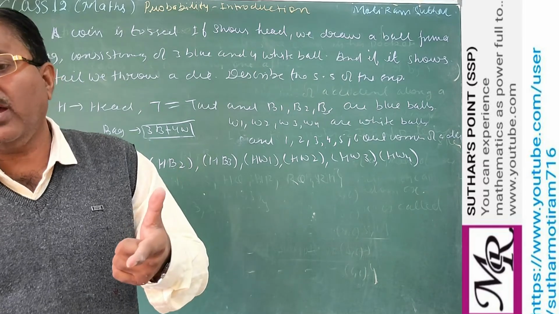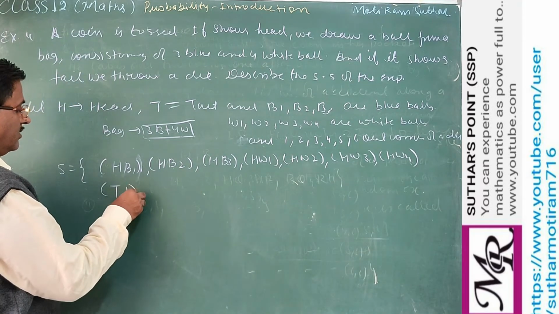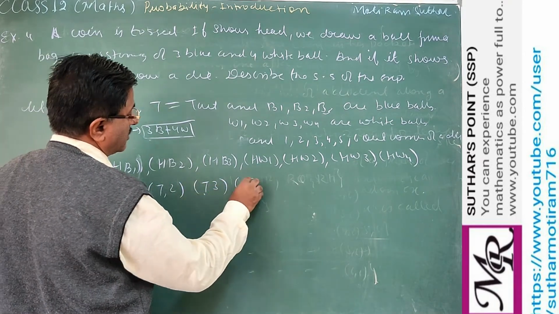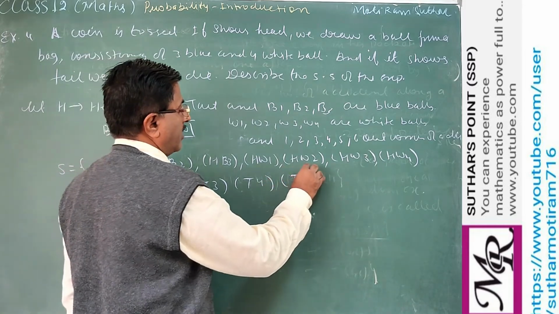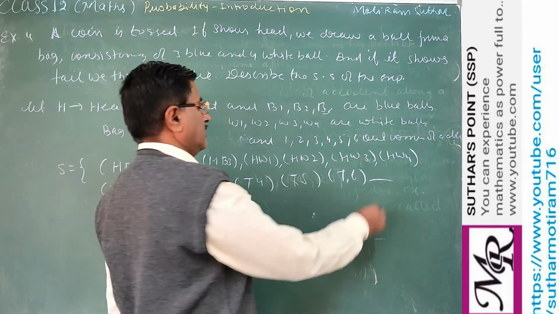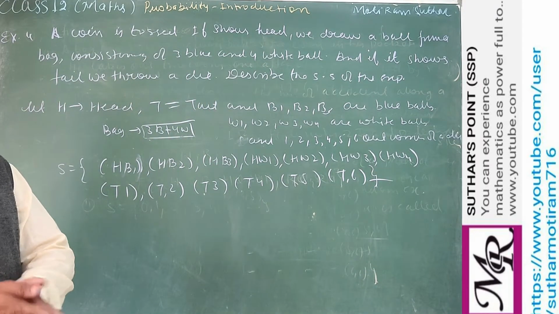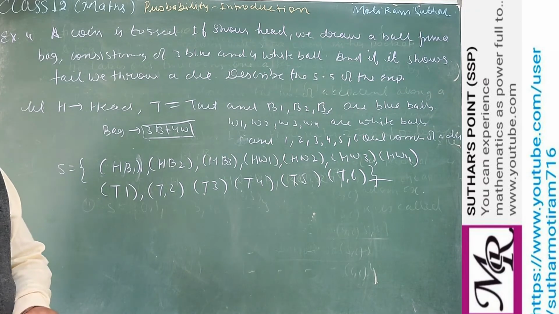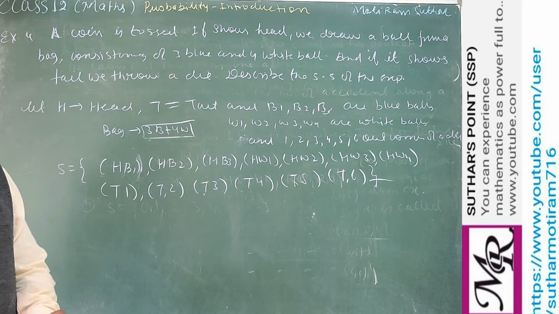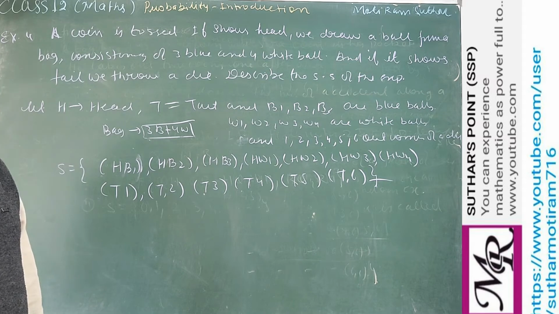So when you throw the die again there are 6 results. टेल 1, टेल 2, टेल 3, टेल 4, टेल 5 और टेल 6. तो ये पॉसिबल आउटकम आएंगे. These are. तो टेल के साथ 1 भी आ सकता है, डाई फेंकेंगे. 2 भी आ सकता है, 3 भी आ सकता है, 4 भी, 5 भी और 6 भी. तो इस तरह से आपके ये आउटकम आएगा.